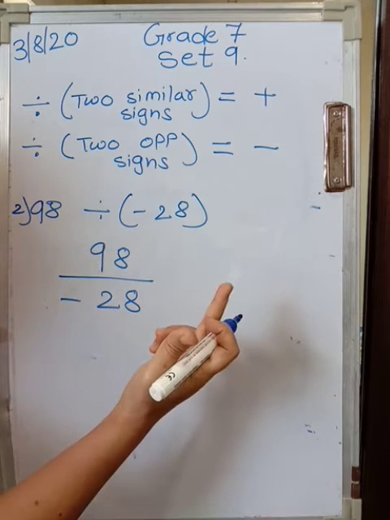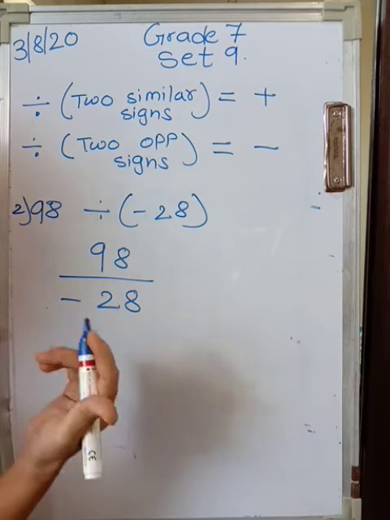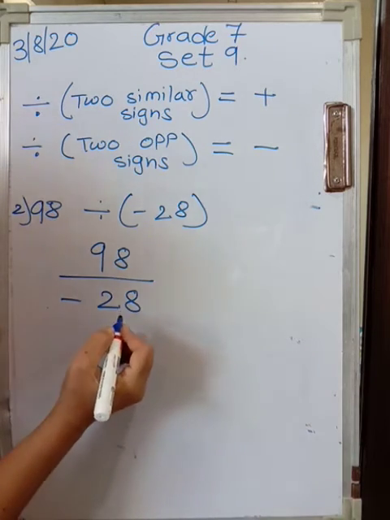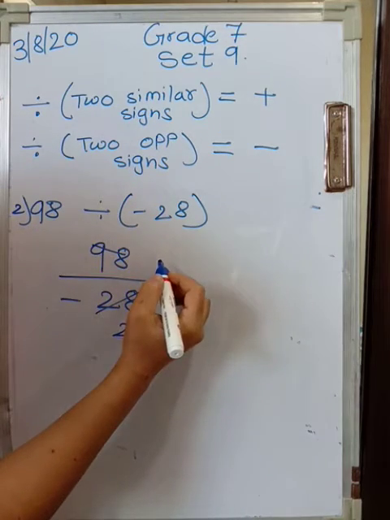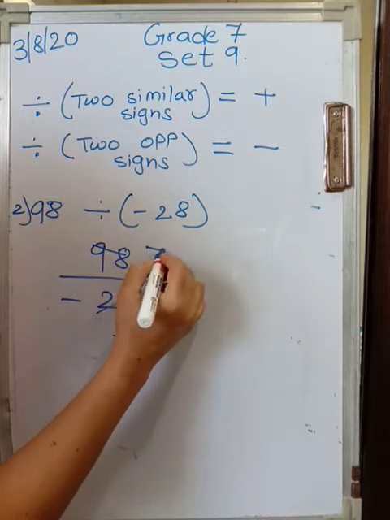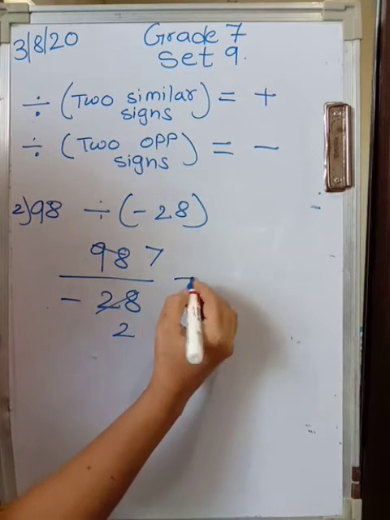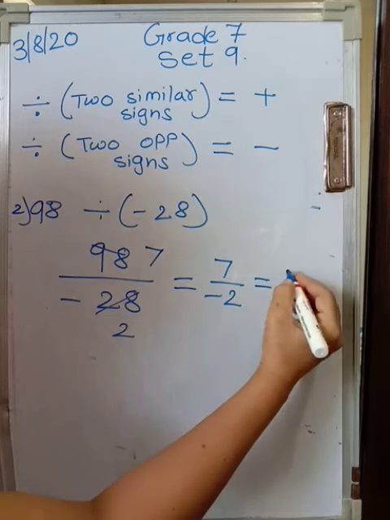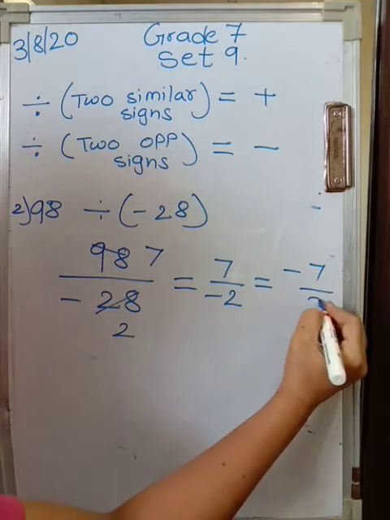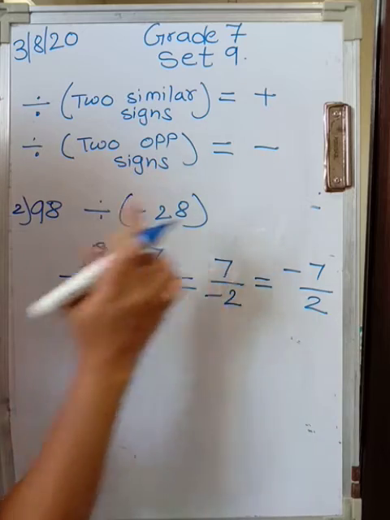It will be transferred to the numerator when we write the final answer. So I think this is divisible by 14. Okay, 14 twos are 28 and 14 sevens are 98. Yes. So what is your answer now? 7 upon minus 2. This is written as minus 7 upon 2. We have seen the reason just now.